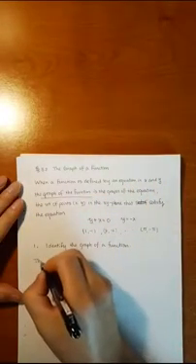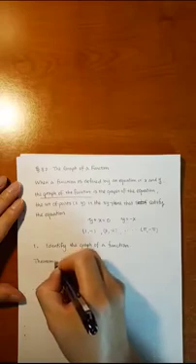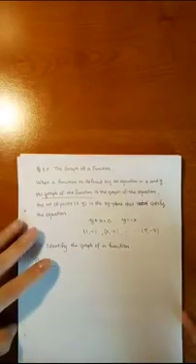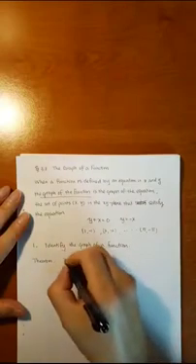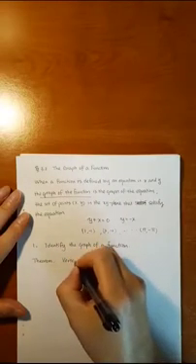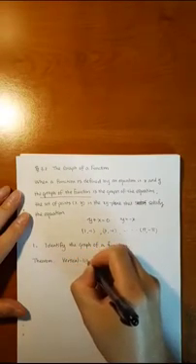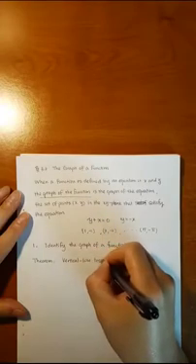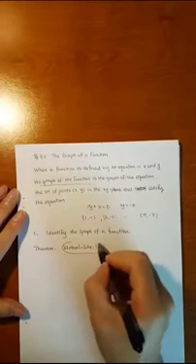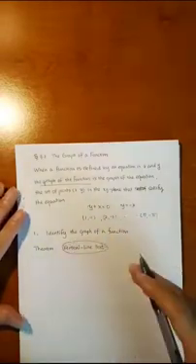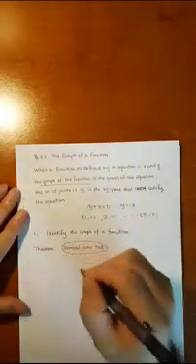So to identify the graph of a function, we use the vertical line test. This is the name of the theorem, the vertical line test. You will use it to cite this theorem.